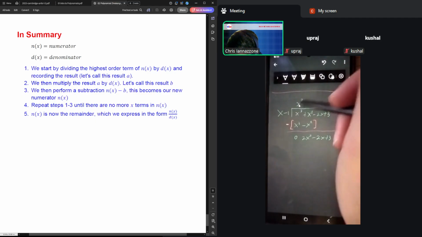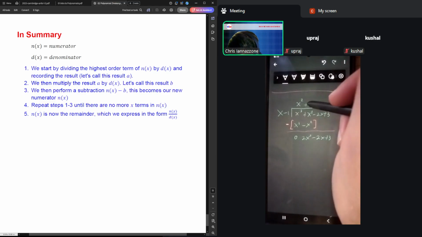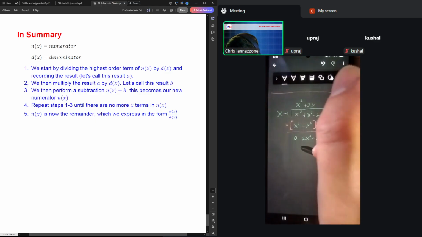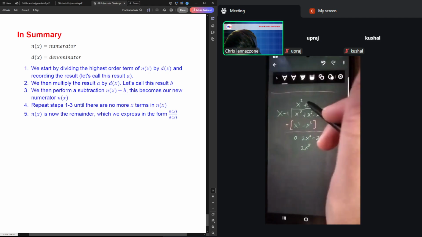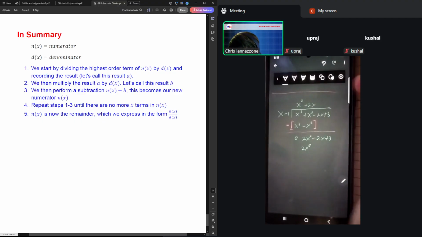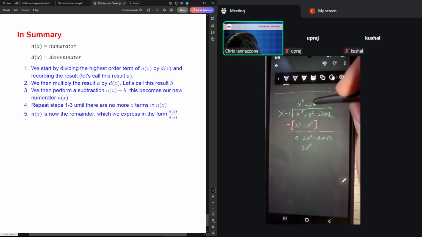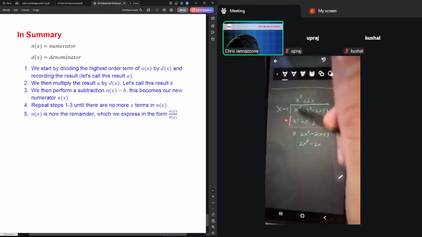I see that happen sometimes. We grab just whatever the result was in that step. So 2x times x gets you the 2x squared. Again, always checking to make sure, did we get the exact same thing? That's another way to not make that mistake ever. If you don't get the exact same thing down here, something's gone wrong. But yeah, 2x times the negative 1, so negative 2x.